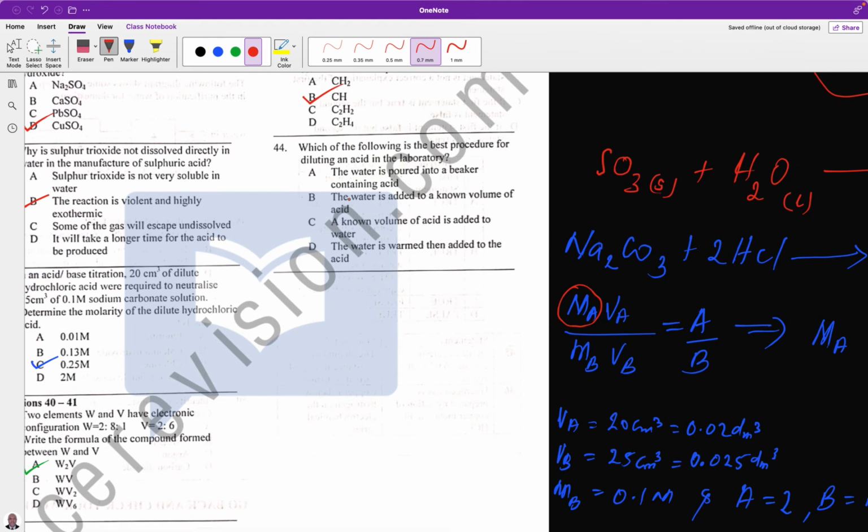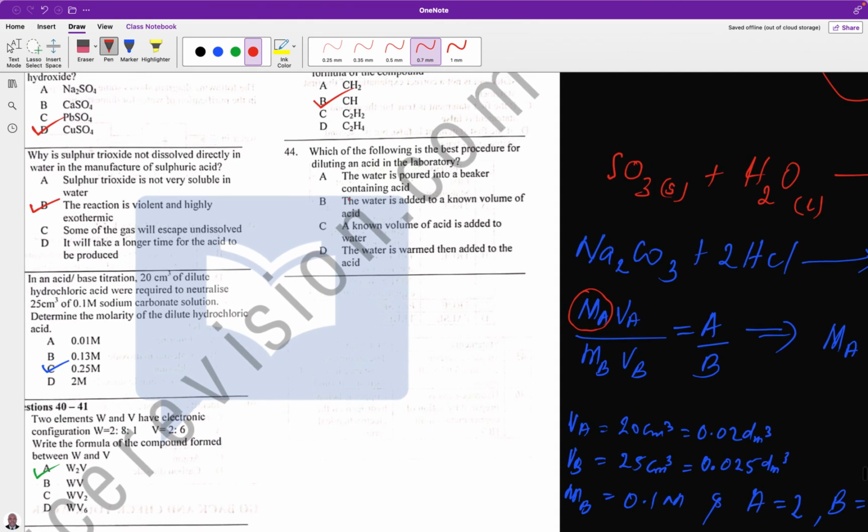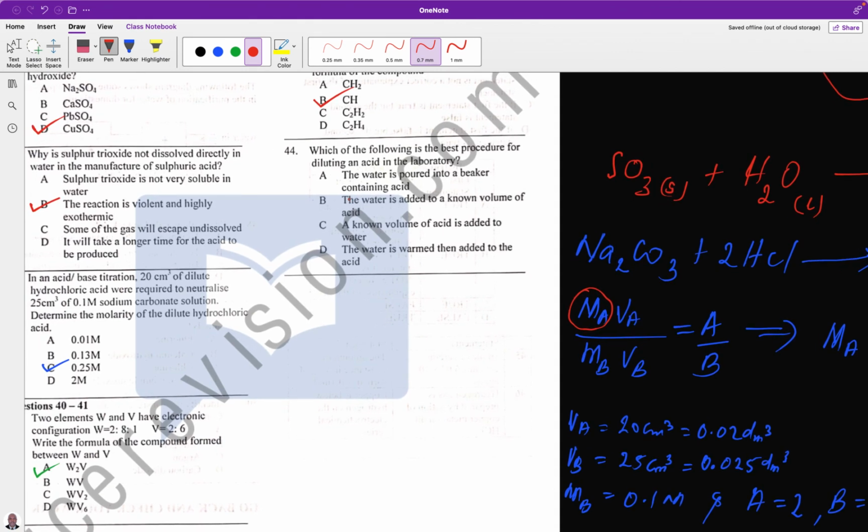The last one, because of time limitation, is 44. Which of the following is the best procedure for diluting an acid in the laboratory? I told you that acid is more dense than water.